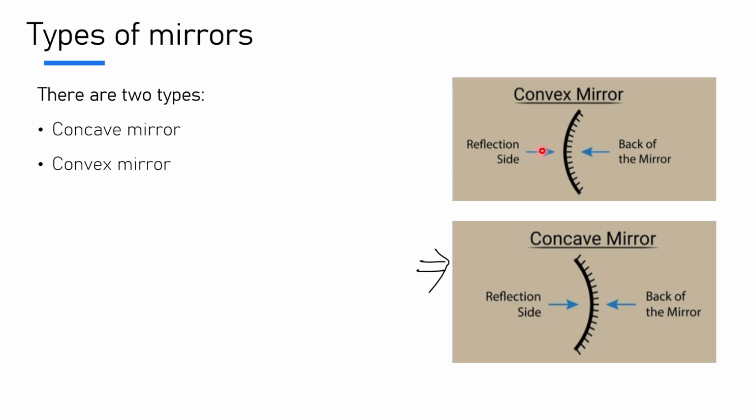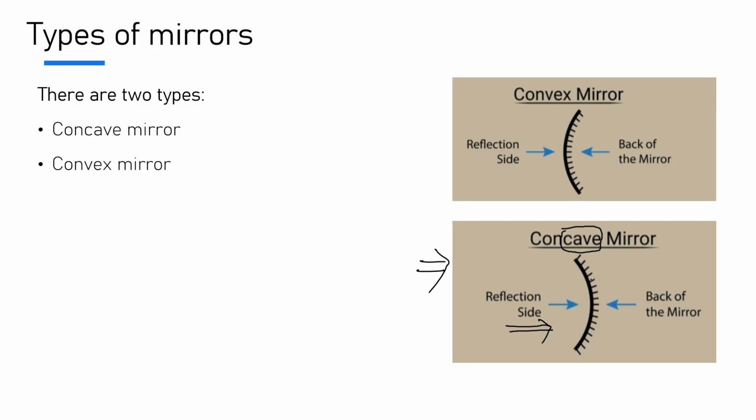Now what is the difference between these two mirrors? In concave mirror, this is the reflecting side of the mirror. This reflecting side of the mirror is curved inward, right? It is curved inward. So just remember the cave of concave.